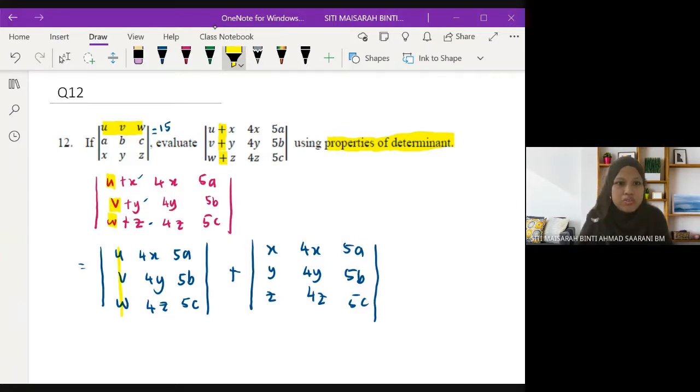You need to transpose first part ni. Jadi kalau kita transpose, determinant dia still sama lah. So jadi ni tak berubah. So just transpose, we get U V W, and then for X, for Y, for Z, 5A, 5B, 5C.